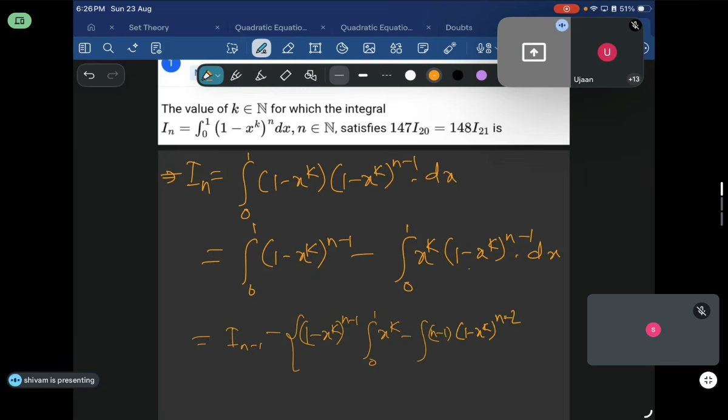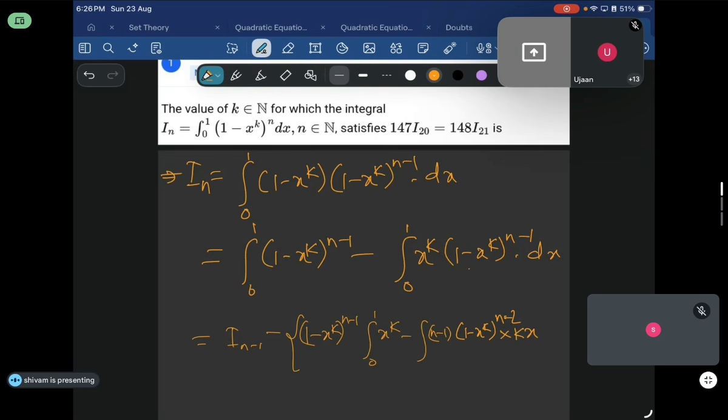No, not divided by. Then we have to differentiate 1 minus x to the power k, so that will become minus k into x to the power k minus 1. Multiplied by k into what?